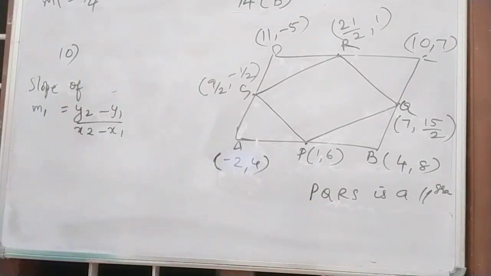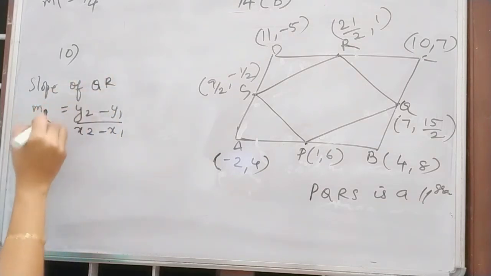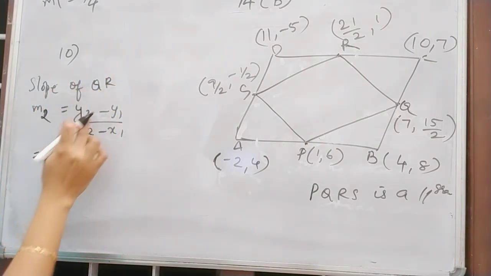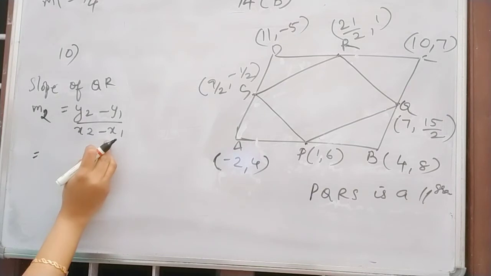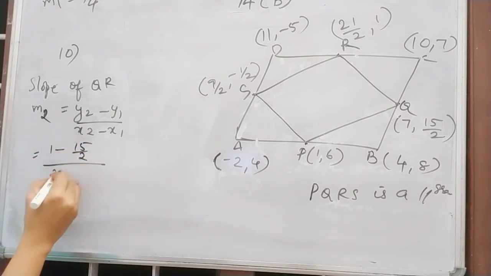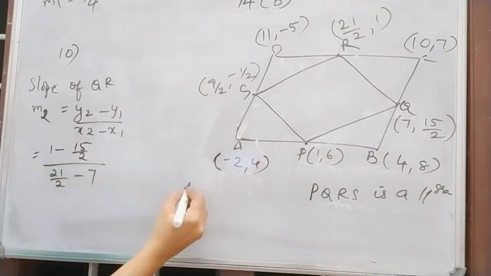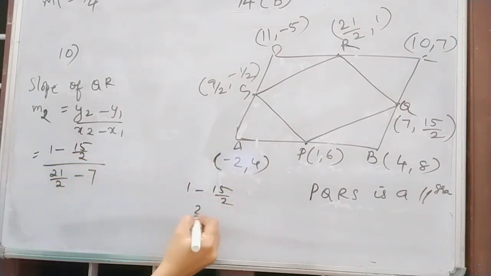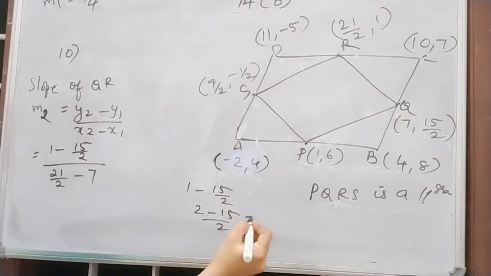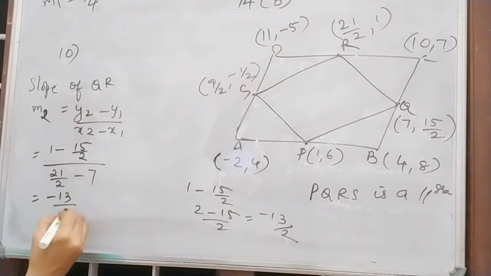In the same way, the slope of QR, m2, is equal to y2 minus y1 divided by x2 minus x1. That is 1 minus 15 by 2 divided by 21 by 2 minus 7. You can do it separately in the working. 1 minus 15 by 2, that is 2 minus 15 by 2, which is negative 13 by 2. So the numerator is negative 13 by 2.